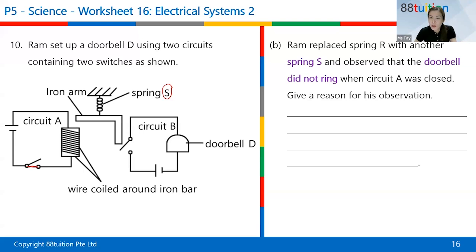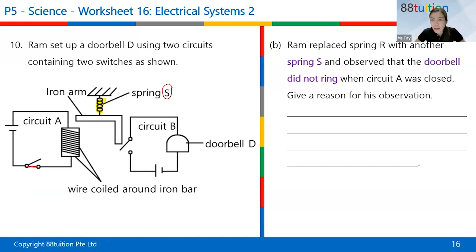Vinuli said spring R is a conductor, spring S is an insulator. Similar to what Wheeler said. But does it matter? If you're talking about spring R or spring S, is this part of the circuit, right? Does it matter?